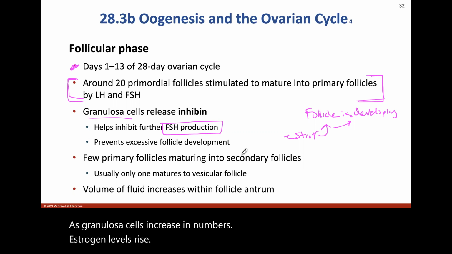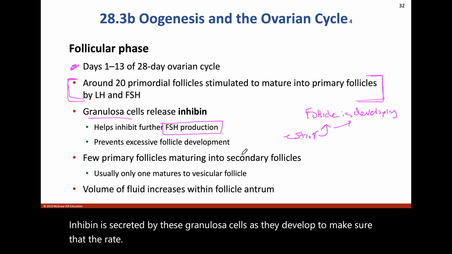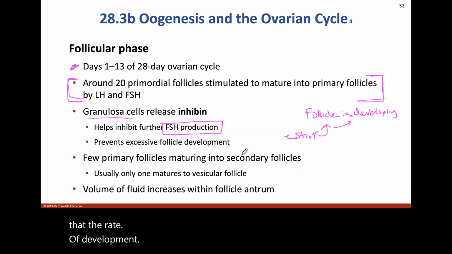Inhibin is secreted by these granulosa cells as they develop to make sure that the rate of development is proper. You don't want it too fast, and that's what would happen if these granulosa cells just produced copious amounts of estrogen.